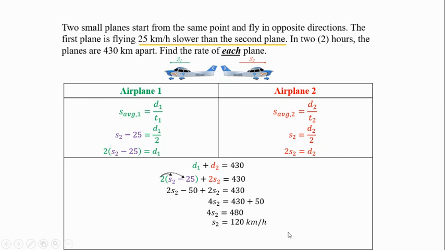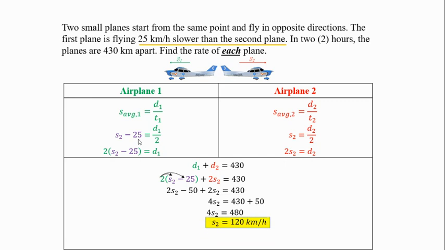But the question is asking us to find the rate of each of the planes. We already found the faster plane, in this case S2, moving to the right at 120 kilometers per hour. To find the rate of the plane going to the left, which is S1, it's super easy. We already know from the start of the problem that S1 is simply the speed of the second minus 25, because it's moving at a rate of 25 kilometers per hour slower.